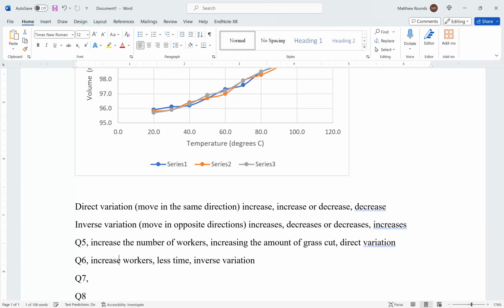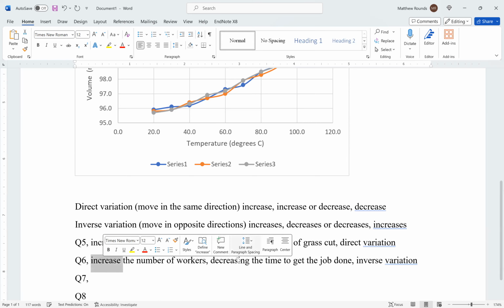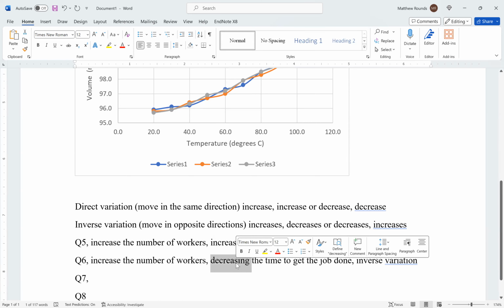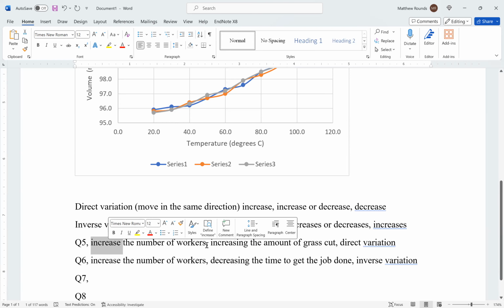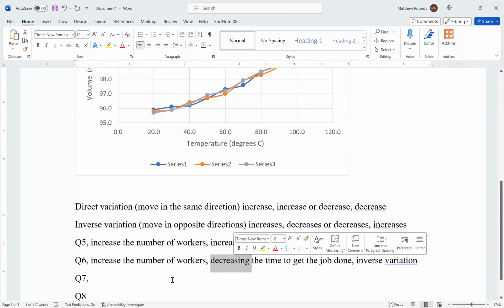If you increase the number of workers, you're decreasing the time to get the job done. If it's an increase followed by a decrease, those are opposite directions. That's why it's inverse. Direct is when they go in the same direction. Direct means increase, increase. Inverse is increase, decrease.